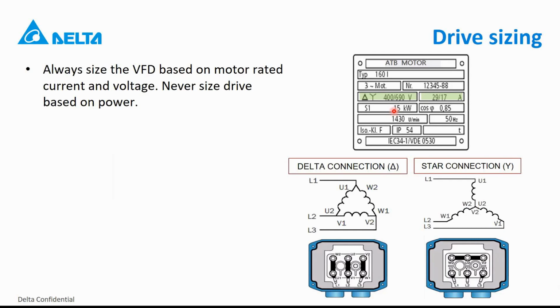And torque motors are very special in that they have a very high number of poles, which gives them a very high torque and a very low rated speed. So I can see, for instance, from this nameplate that this is a 4-pole motor for 50 hertz.